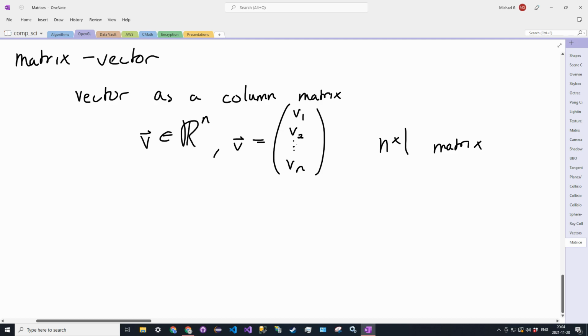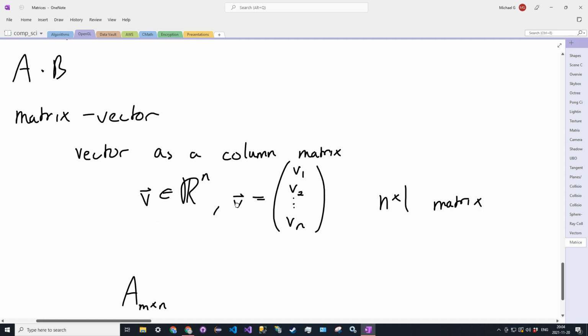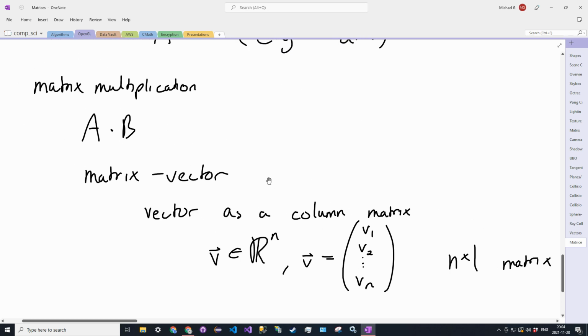So we have n rows, V1, V2, all the way to Vn, and 1 column, since there's only 1 element per row. Now when we multiply a matrix by this, so let's say we have our matrix A. Now the restriction here is that A just has to have n columns. So m by n.